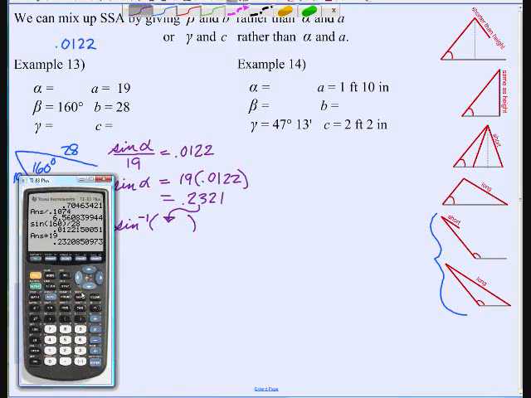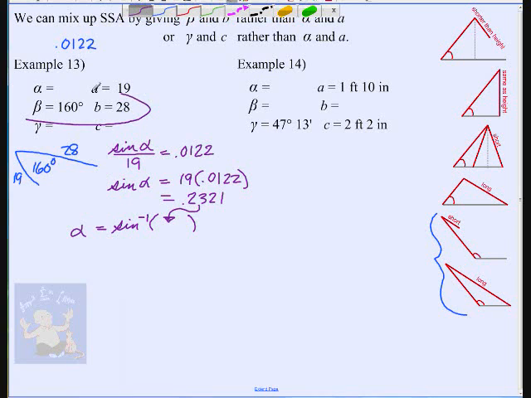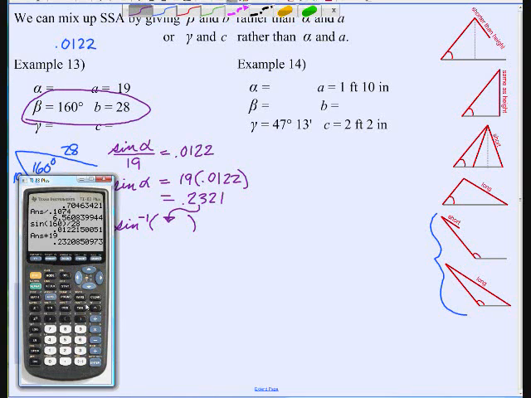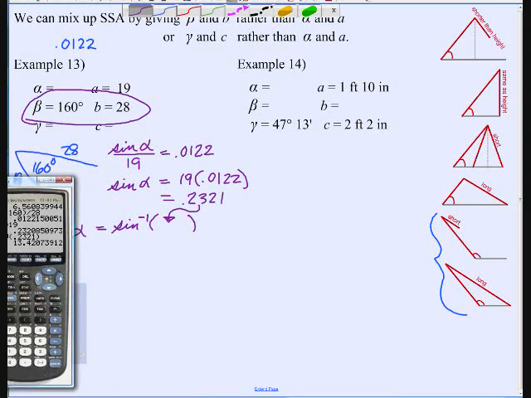We're going through the same procedure, just we've named things a little differently because of what was given. Arc sine, 0.2321. So alpha is 13.4 degrees.